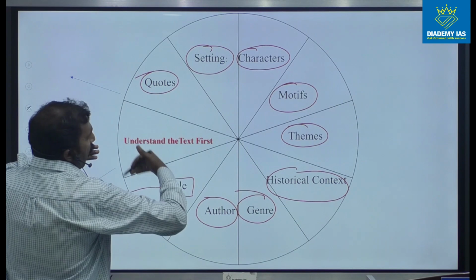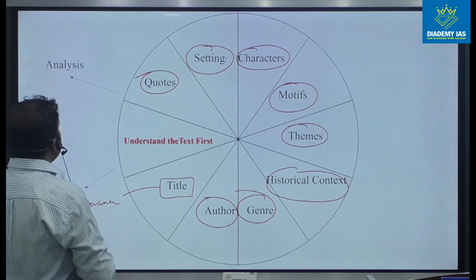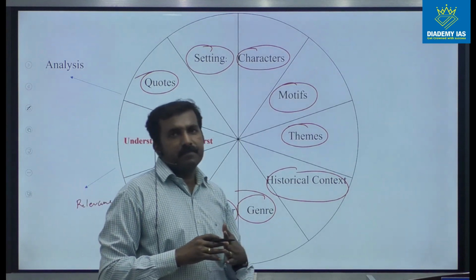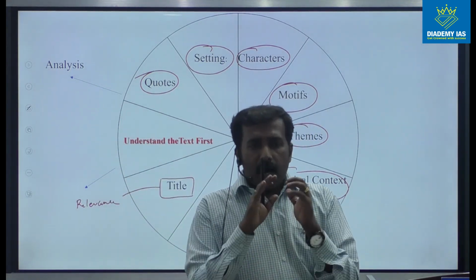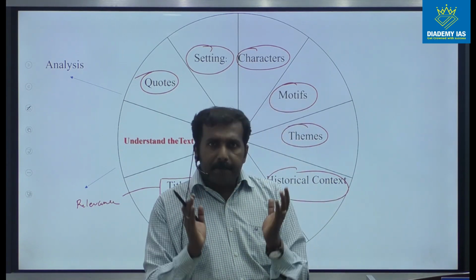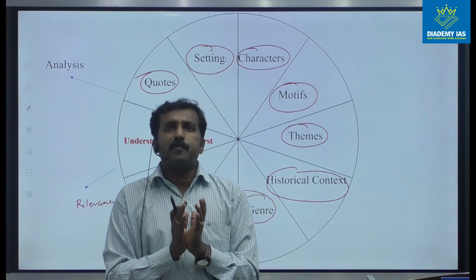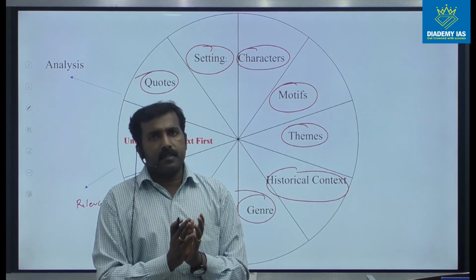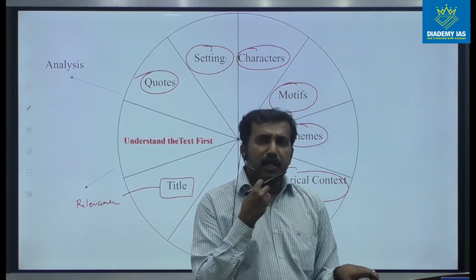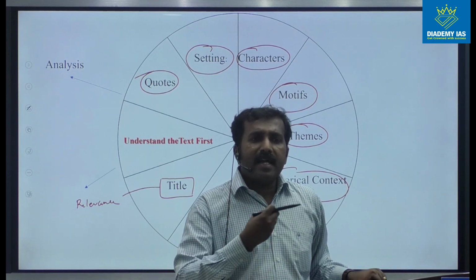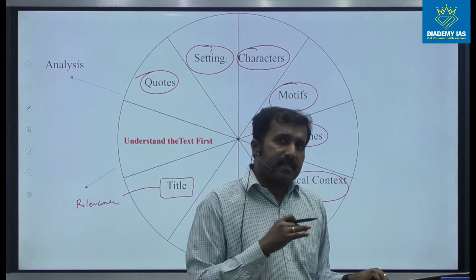Then after doing all this, you can analyze the play or the poem or the novel. How does a literary work work? You have to conclude or write the notes based on analysis.